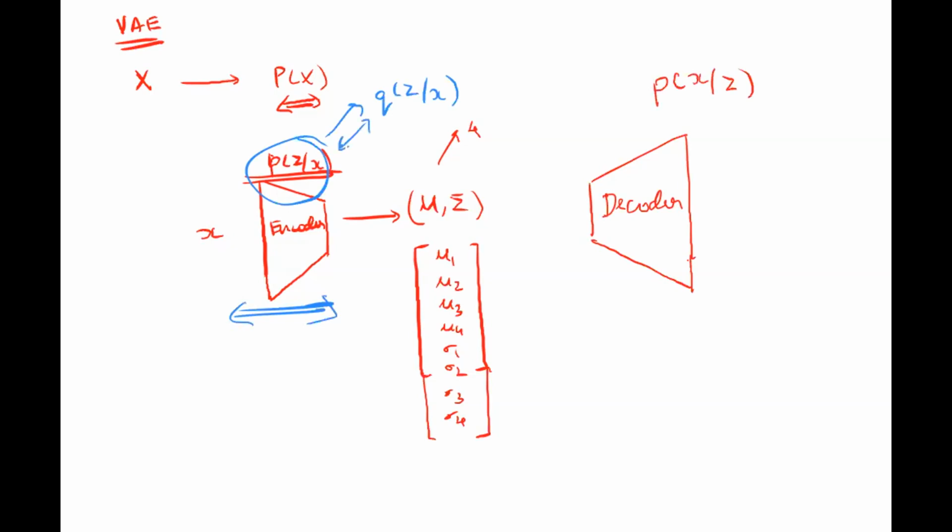And what we end up doing is minimizing a loss, which is the same as minimizing the KL divergence between this function Q of Z of X and P of Z. And we also want to minimize the reconstruction error.